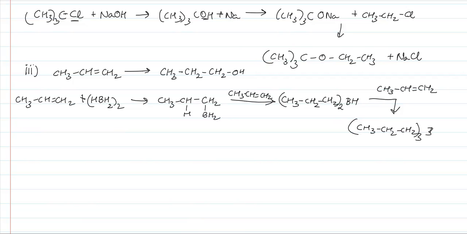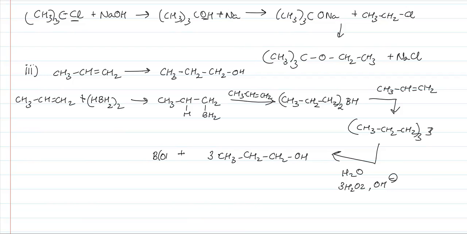And this in turn is going to undergo a chemical reaction with, okay, that was extremely bad. So H2O and 3H2O2, hydrogen peroxide, and OH minus. And this is going to give us 3 molecules of CH3, CH2, CH2, OH plus BOH.